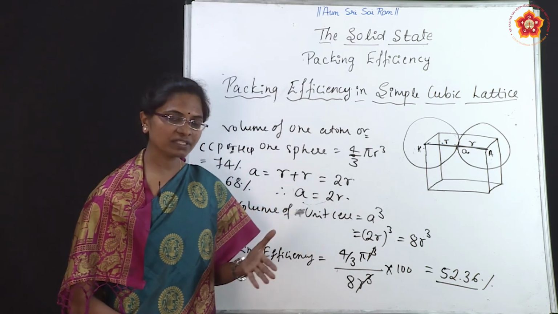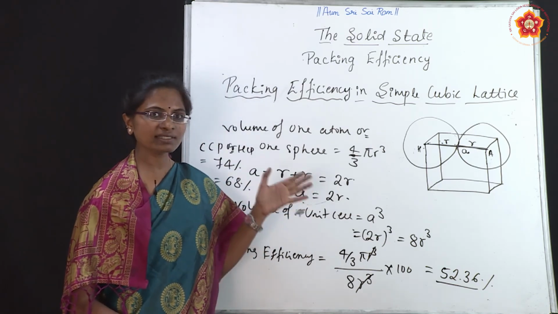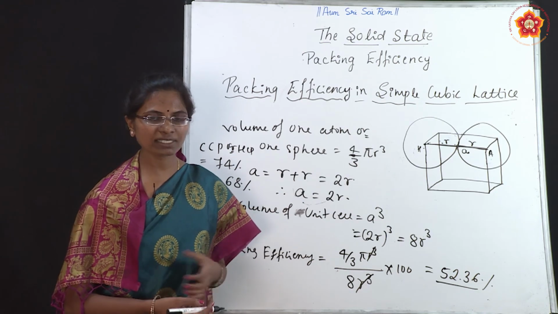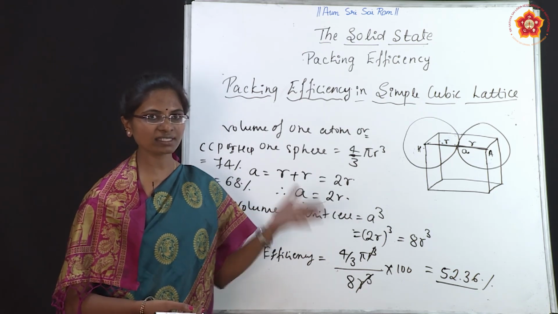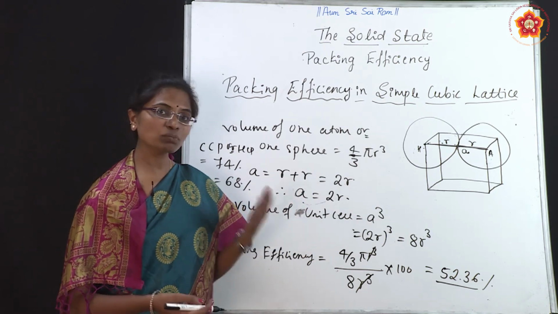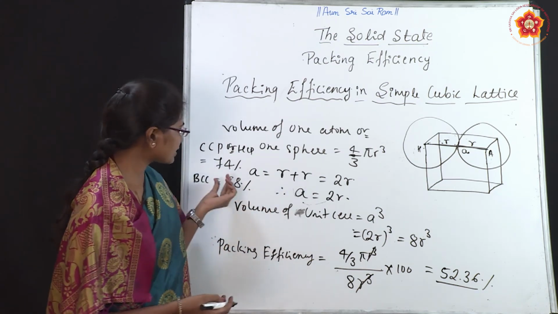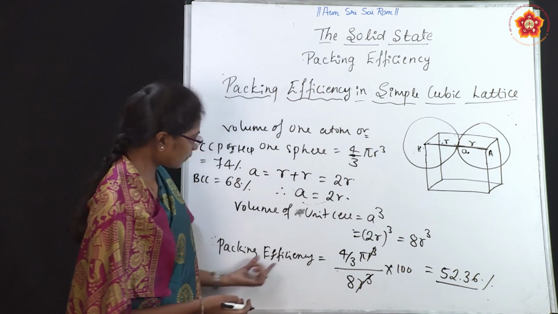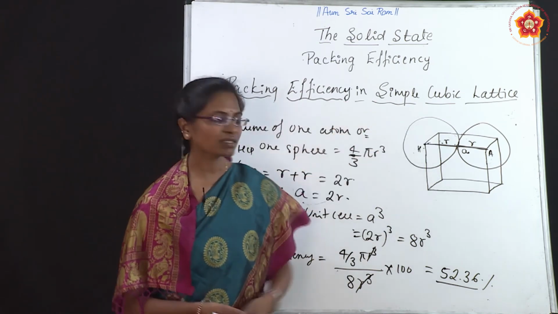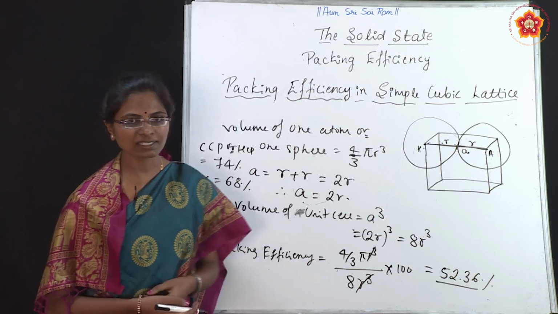The packing efficiency is more in CCP and HCP. CCP is the same as FCC, right? So it is more in FCC and CCP, less in BCC and less in simple cubic lattice, but the empty space is more in simple cubic lattice than in CCP and BCC.